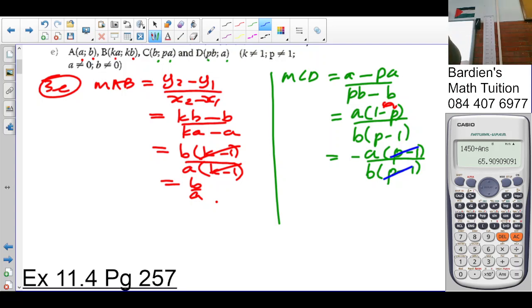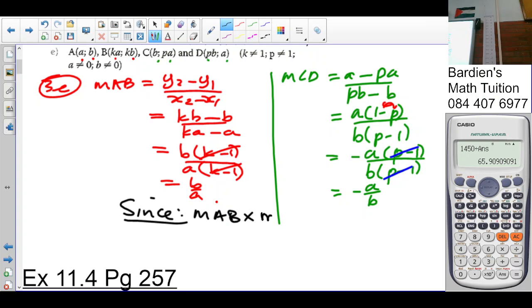So that cancels. So what are we left with? Negative A over B. So what do you notice here? You can multiply them. Not so? And this is how you conclude this. Since the gradient of AB times the gradient of CD is equal to B over A times negative A over B, which is -1.